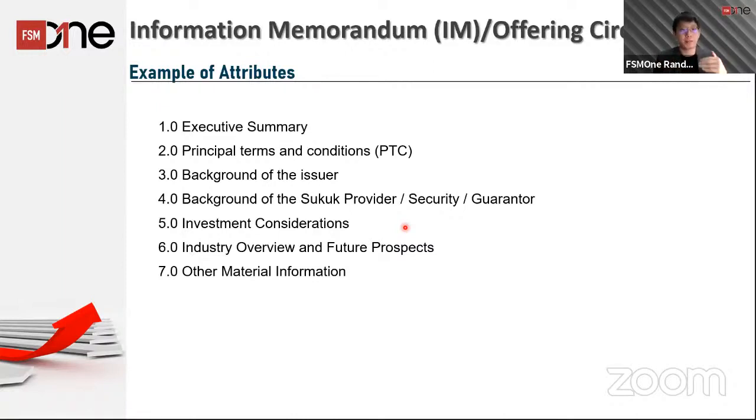Some issuances also include the industry overview, the industry outlook, and what they think about their company's prospects in the future. Some other appendices or material information can be the financial statements at the time of issuance, for investors to consider more deeply. So I would say this is the most common content that you can see in a bond prospectus.